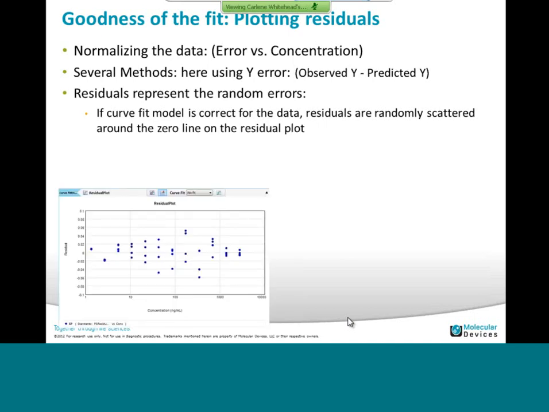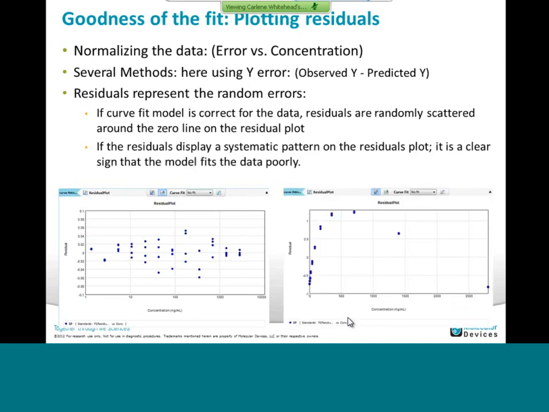Here you can see a graph showing the residual plot, the observed response minus the predicted response against the concentration. If the model fits the data well, then the residual should be randomly scattered around the zero line. However, if the residual displays a systematic pattern, then the model fits your data poorly. In this new graph, I have a systematic pattern showing that clearly my data should not be plotted as they are here.